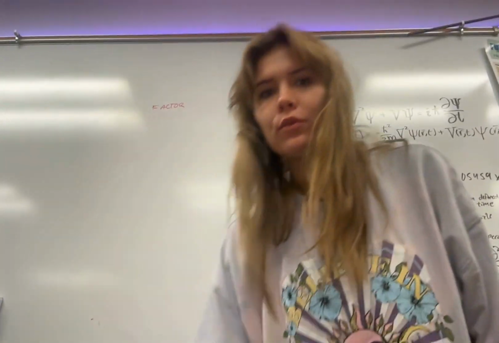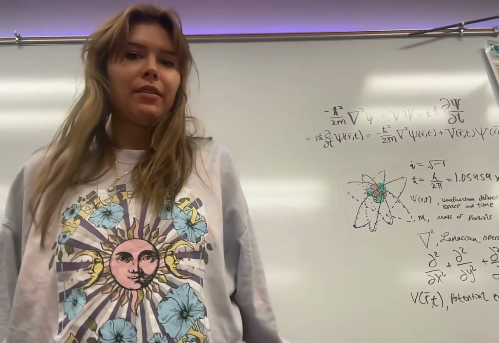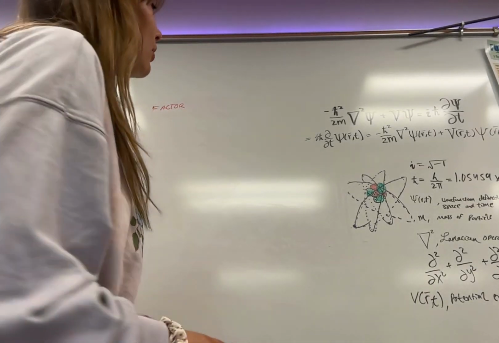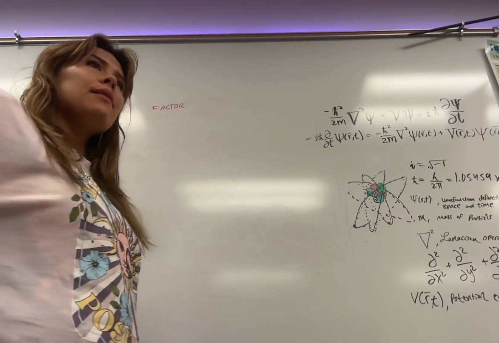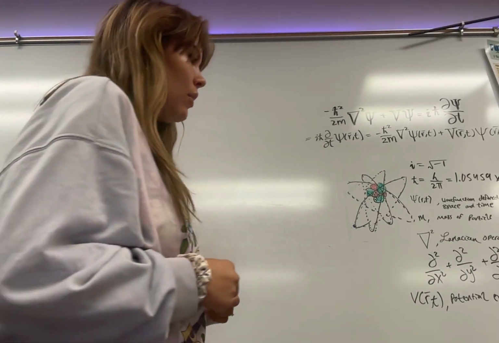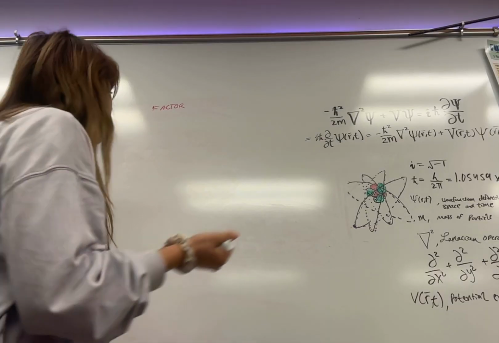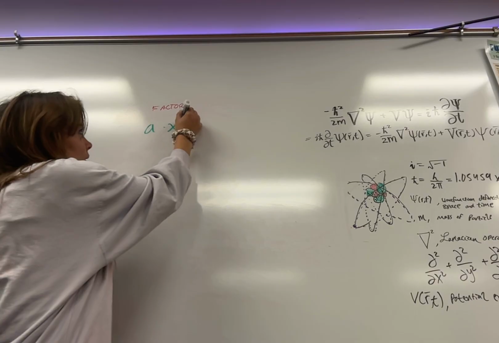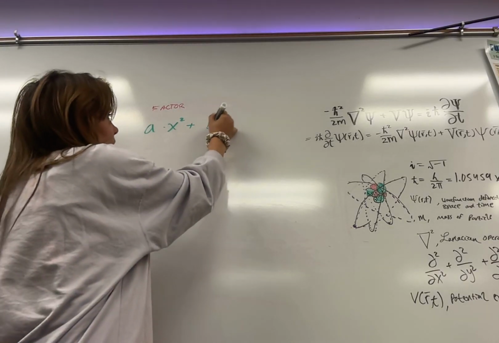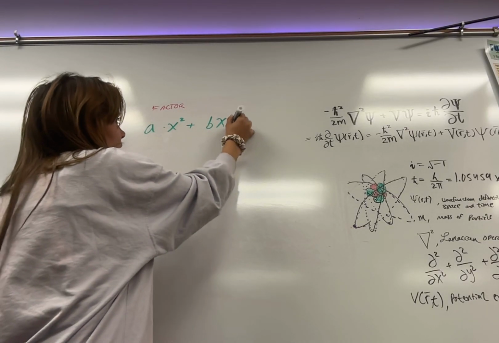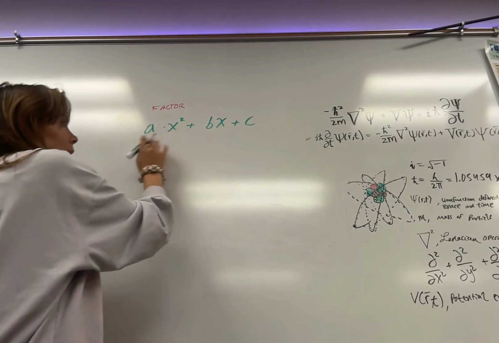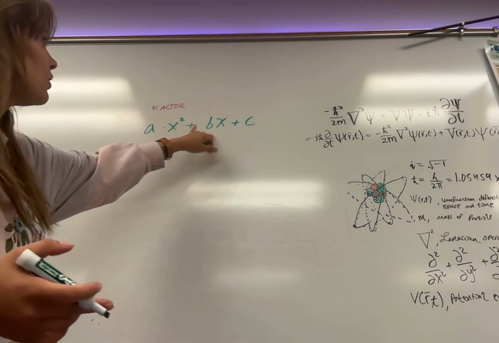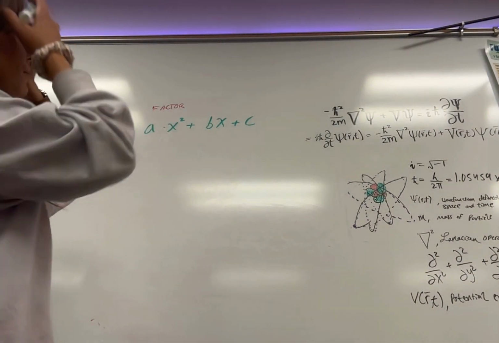Okay, so really why we care about this is we want to learn how to factor polynomials of the form a times x squared plus b times x plus c, where a, b, and c are just some number, and these x terms are our variables, okay?